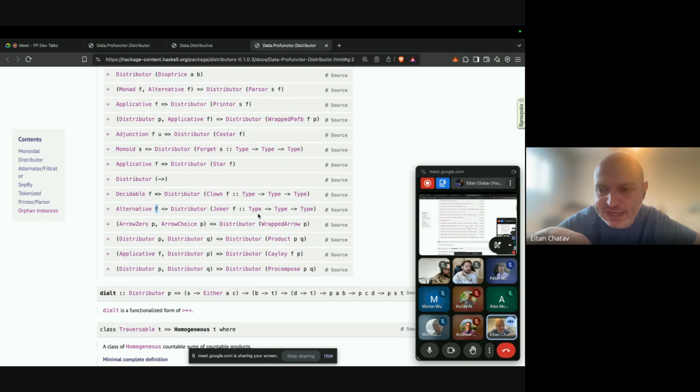Remember, we can just add a phantom type, and that's called joker. And that's going to be a distributor. Also, in the other direction, a decidable F, which is a contravariant functor kind of analogous to alternative, if we also add the phantom parameter, that's called clown, then that's also a distributor. So you can remember clowns to the left of me, jokers to the right.